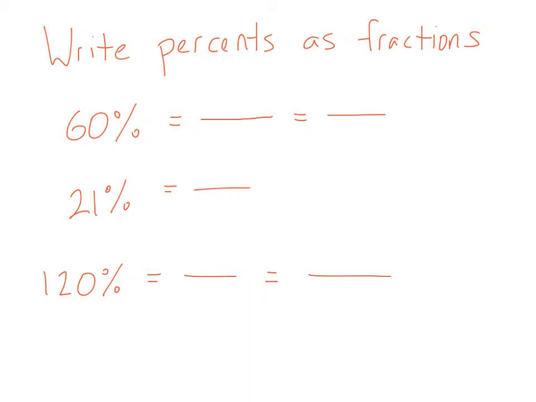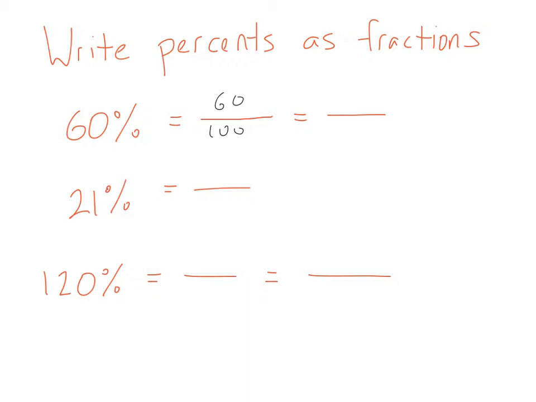All right, so we need to be able to write percents as fractions. Again, percent is per what? Per 100. Let's take 60% and write it as a fraction. If you're given a percent, it's actually a number over 100 in a fraction. So 60% is really just 60 over 100. But we always simplify fractions, right?